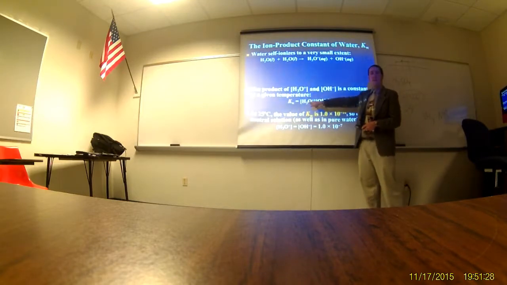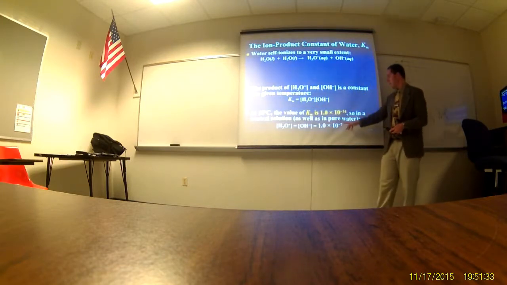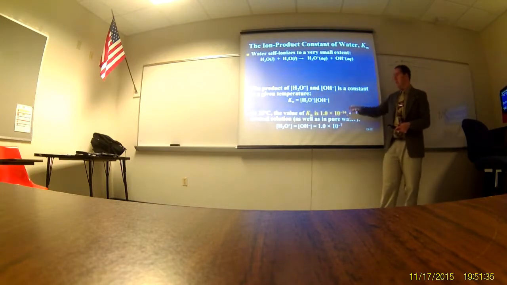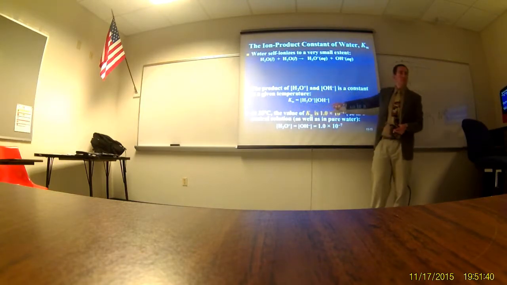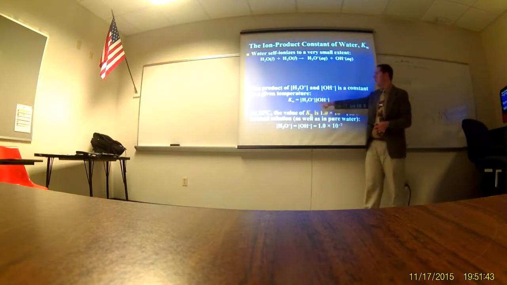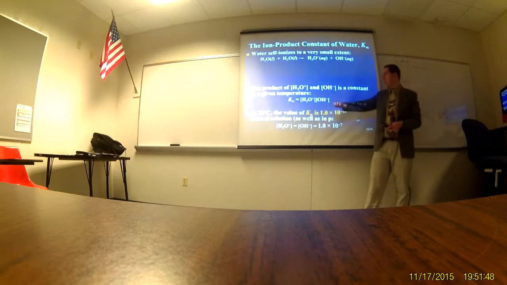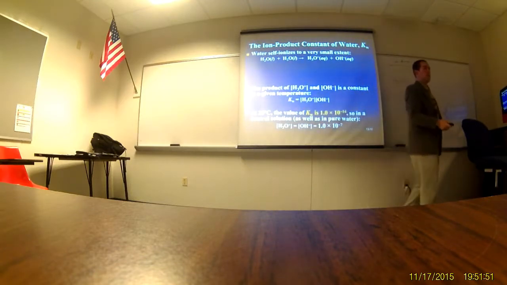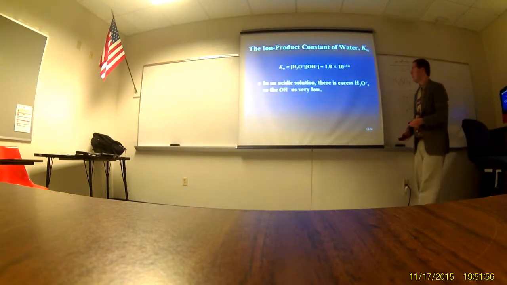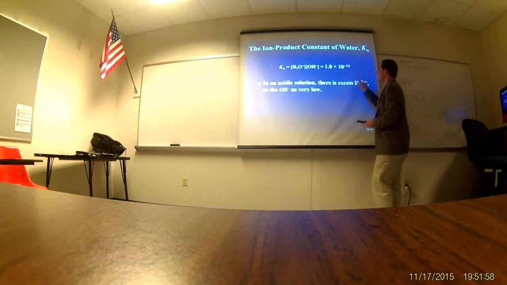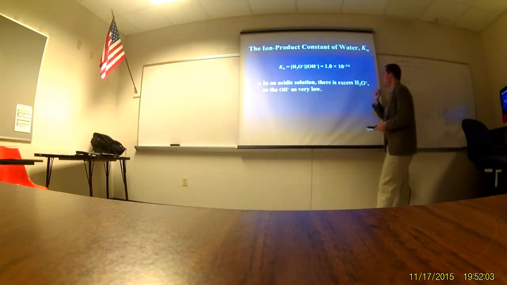So if that is times 10 to the negative 7, and that is times 10 to the negative 7, and you multiply them, negative 7 plus negative 7 is negative 14. So we're going to use this a lot. Because if you can find the concentration of that one or that one, you know the concentration of the other one. Because Kw is a constant. They always have to equal 10 to the negative 14.